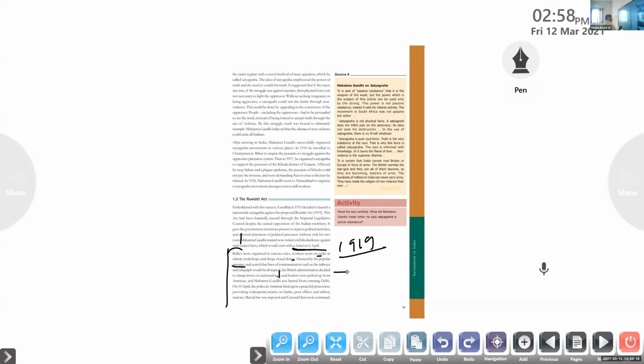On 10th April, the police in Amritsar fired upon a peaceful procession, provoking widespread attacks on banks, post offices, and railway stations. The British police attacked a peaceful rally, which angered people against the British, and the banks, post offices, and railway stations, all maintained by the British, were attacked by the common people.